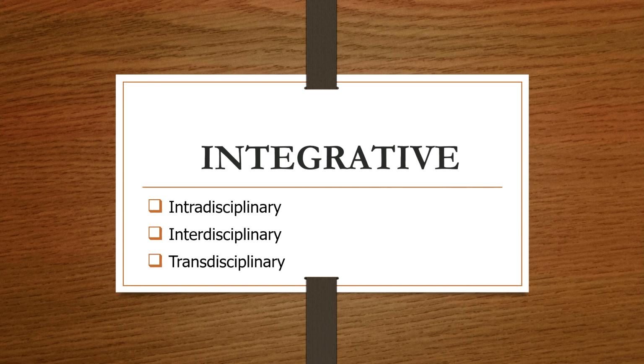Another example, values education can also be integrated in all subject areas. And finally, transdisciplinary integration is integrating your lessons with real life when you cite the real life applications of your lesson.